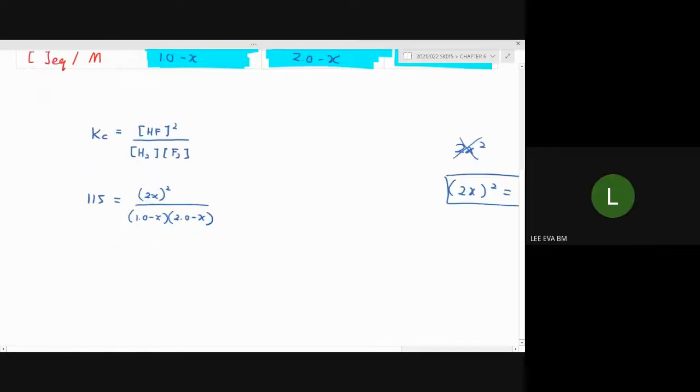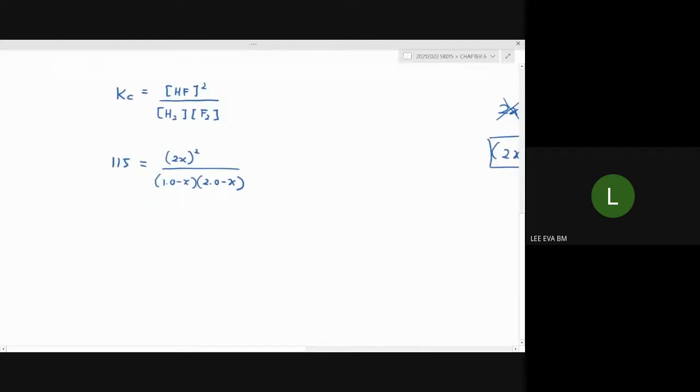Mereka kena tukar dia di matematik pula. Okay, kirakan sendiri.